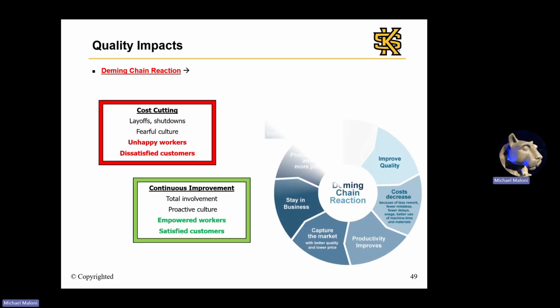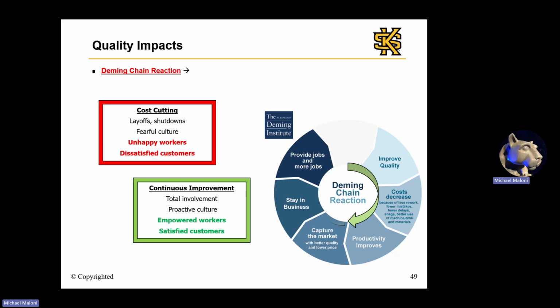Deming organized these positive aspects of quality with his chain reaction. As you improve quality, costs decrease, such as less scrap and less rework, while employee productivity, their outputs, improve.